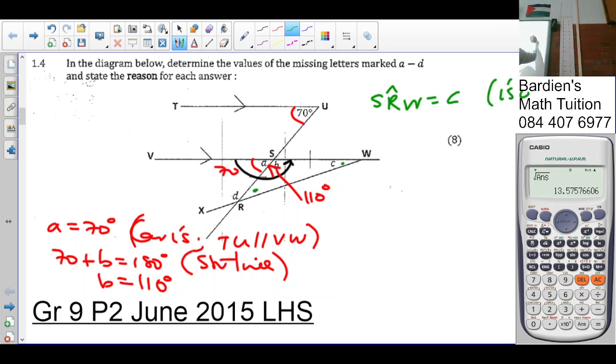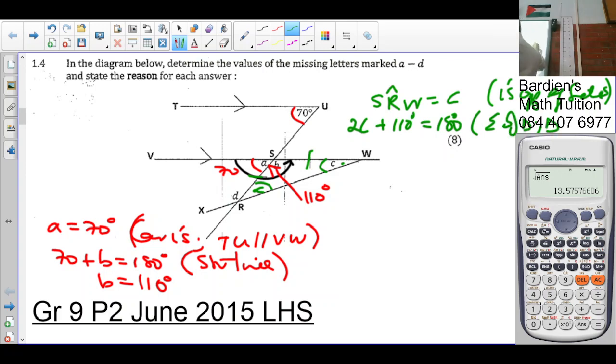It's angles opposite equal sides. As you can see, that side is given equally. Right, now we can say C plus C, which is 2C plus 110 is equal to 180. Why? Sum of angles of a triangle. And this triangle is RSW. So 180 minus 110 is 70, divided by 2 is 35.